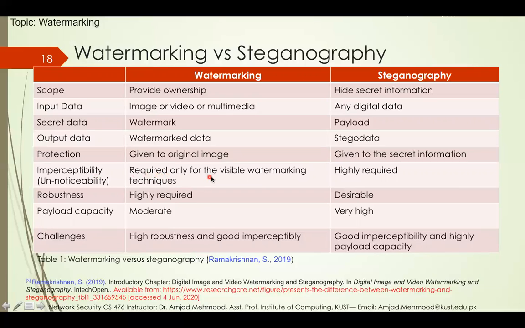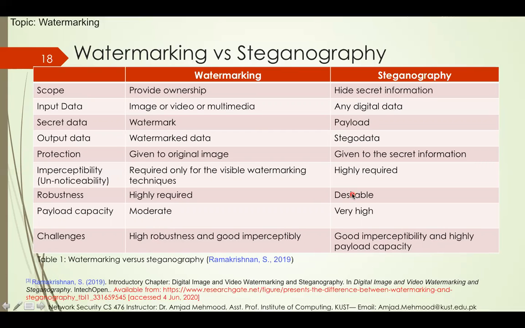Imperceptibility is required only for the invisible watermark techniques, whereas in steganography this is highly required. Robustness, I have explained this term in detail in my previous slides. It is highly required in watermarking, because we normally try to make our information such that an intruder or malicious user will not get that information easily.